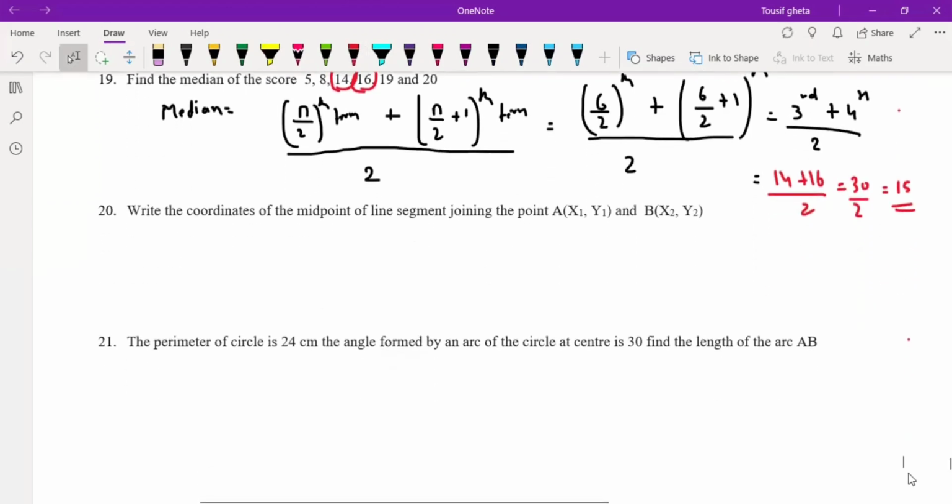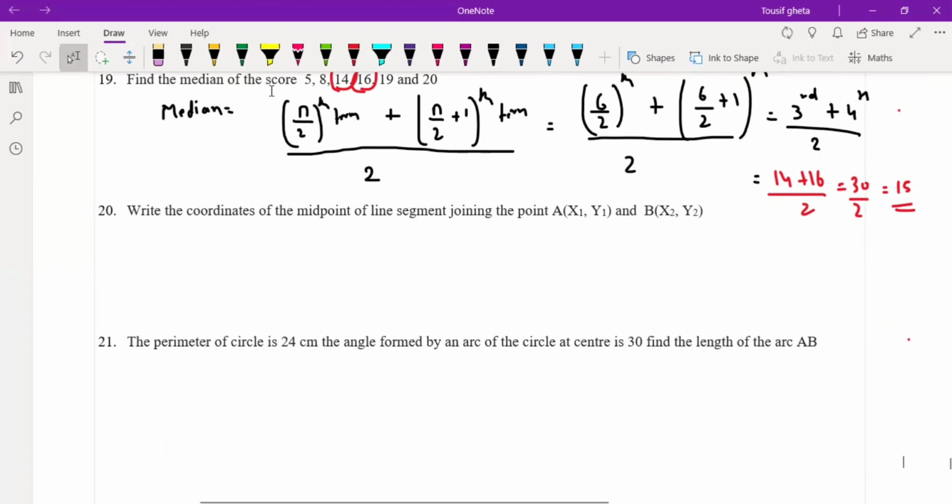So write the coordinates of the midpoint. For the line segment joining the points (x1, y1) and (x2, y2), we have to represent the midpoint. Using this, we have to find out the midpoint coordinates.